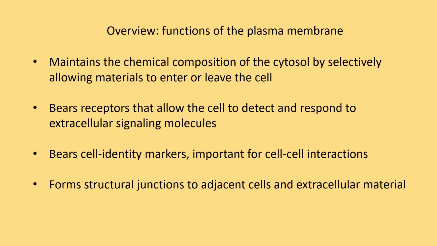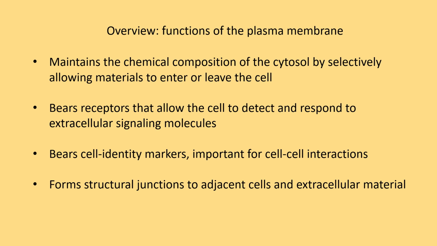And then the fourth bullet point says, a function of the plasma membrane is to form structural junctions to neighboring cells and neighboring extracellular material. So there are few cell types in our bodies that don't form structural tissues. Like red blood cells, for example, they're free floating. Red blood cells are not physically attached to any other type of cell.